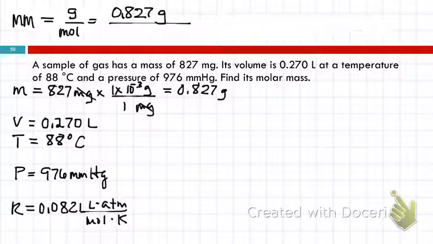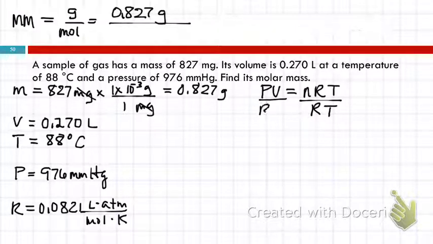I need the ideal gas law, PV equals nRT. Rearrange that to get N by itself. So N is equal to PV over RT.